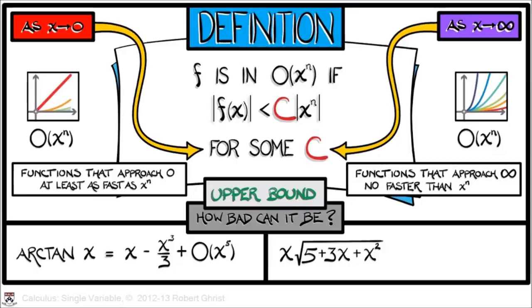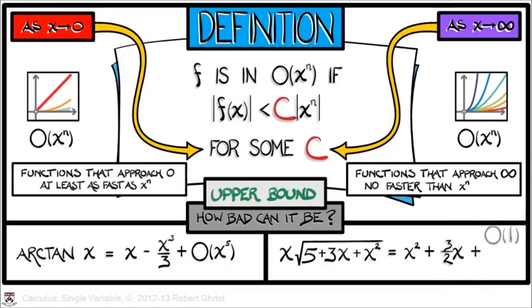This is a complicated looking function, but really it's just x squared plus some other stuff in the limit as x goes to infinity. That other stuff is itself going to infinity, but only at a linear rate. It is in big O of x.